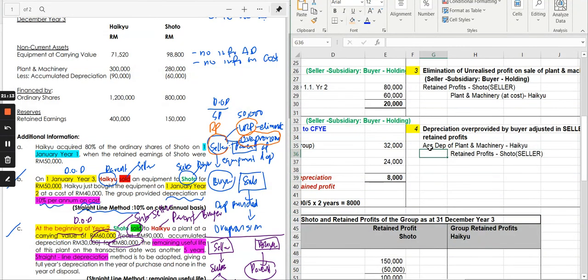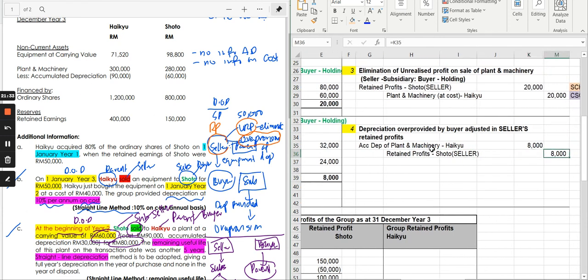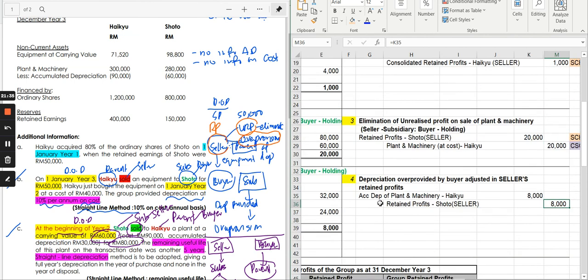Since you are not given the asset at the carrying value, but both at the cost and the accumulated depreciation, the adjustment for the depreciation will not be done directly to the asset account, but in the accumulated depreciation of machinery. How?